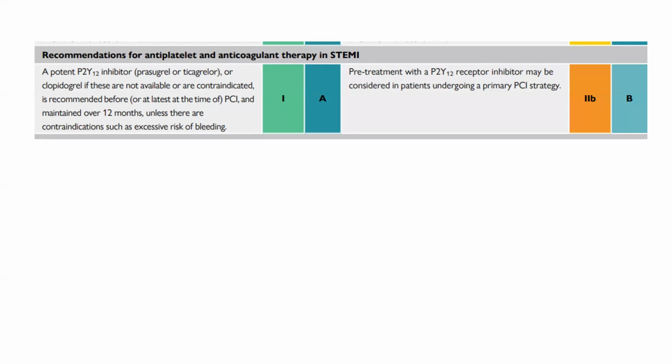But with further data, it shows that pre-treatment with the P2Y12 receptor inhibitor may be considered in patients undergoing PCI. So it's not compulsory, it's a 2B. So basically, you're not routinely pre-treating a patient before primary PCI with a P2Y12 inhibitor in STEMI. There are dissenting views, it's a 2B.